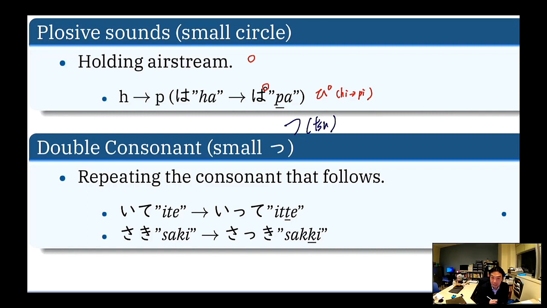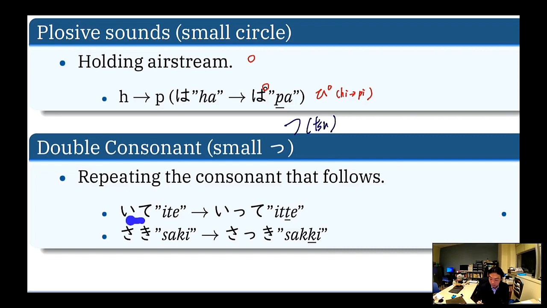And it is something called the double consonant. So remember we talked about lengthening the vowel. We do the same thing with the consonant. So sometimes a consonant can be a little bit longer. It's not as obvious as a vowel, but you can do that with a consonant as well.